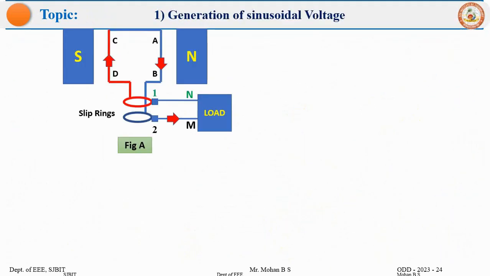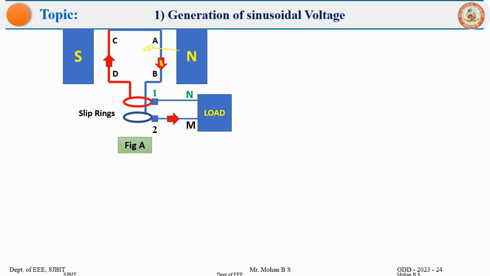Look here. If the directions are given, how can we find the rotation force? So let's analyze in that way. This is the magnetic field, that is north to south, and they are saying that this is the direction of current. Using Fleming's right hand rule, can you pause the video and analyze in what direction your coil AB, CD is rotating? So coil side AB, how is it moving, and coil side CD, how would it move?